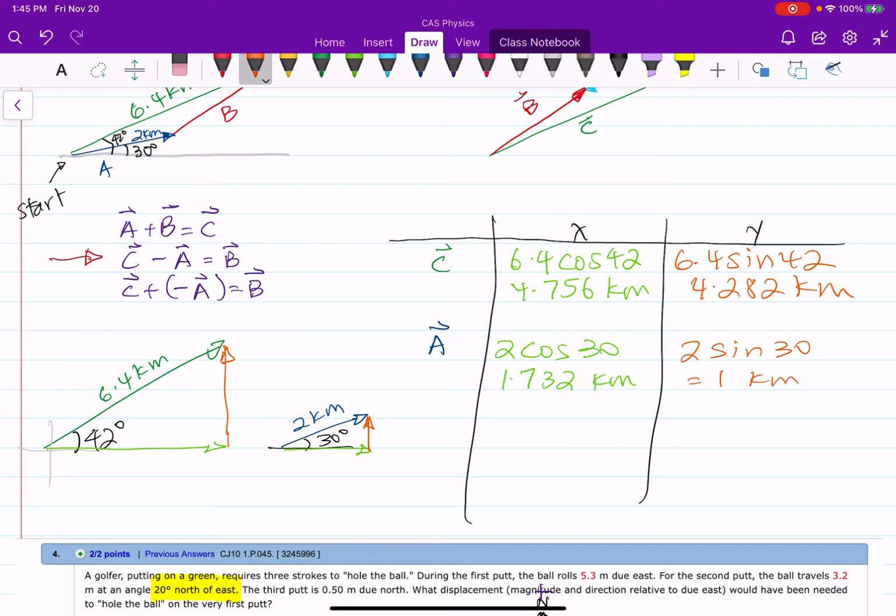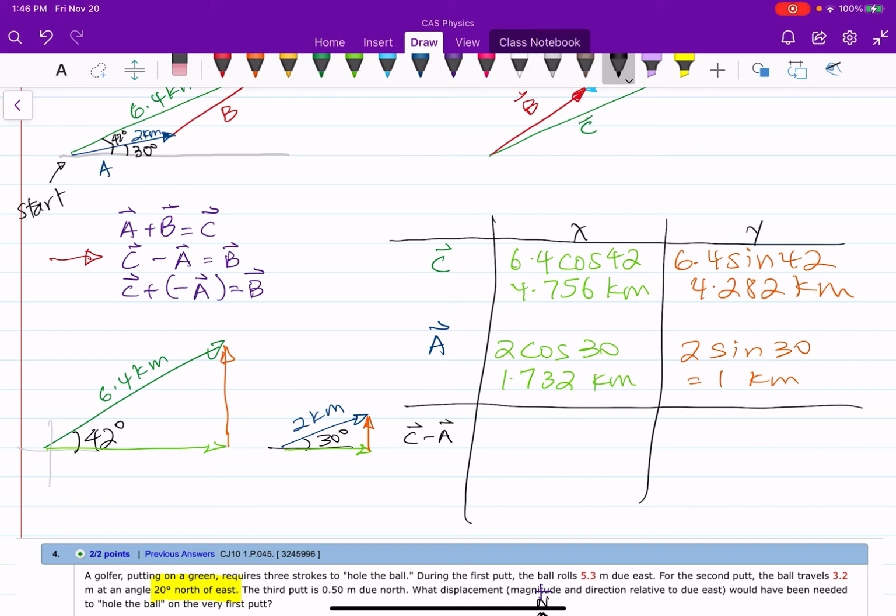Okay, and what we said we wanted to do was subtract. C minus A will give us the answer. That means we can take the x component of C, subtract the x component of A, and we get that.